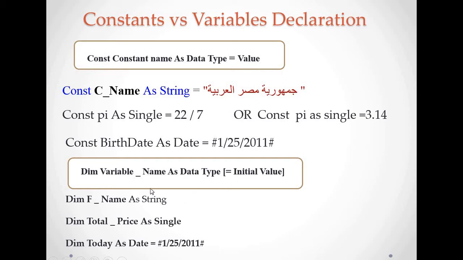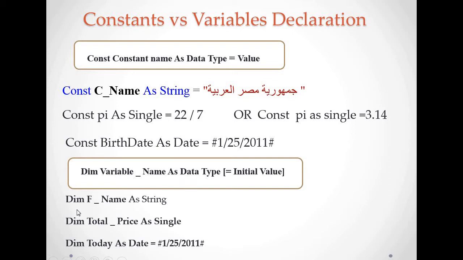Then the other example, which is a variable. When we declare a variable, an unknown value that will be entered by the user, we start with the word Dim. So we start with Dim, then we write the variable name, which is unknown and entered by the user, then determine the data type.